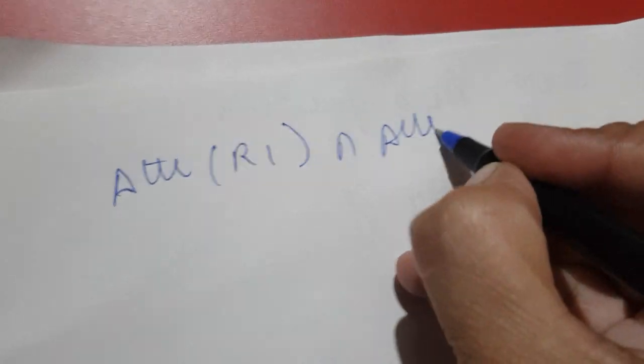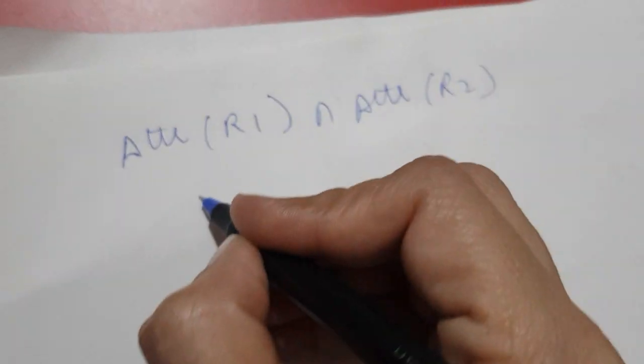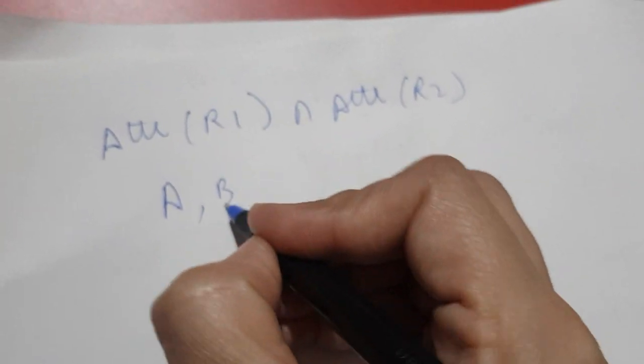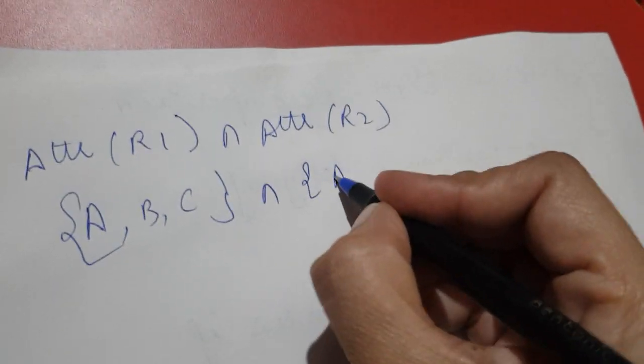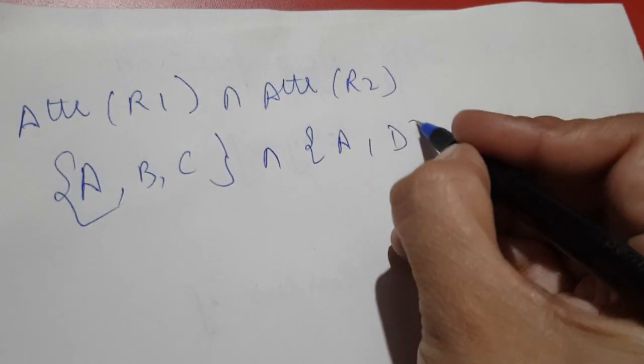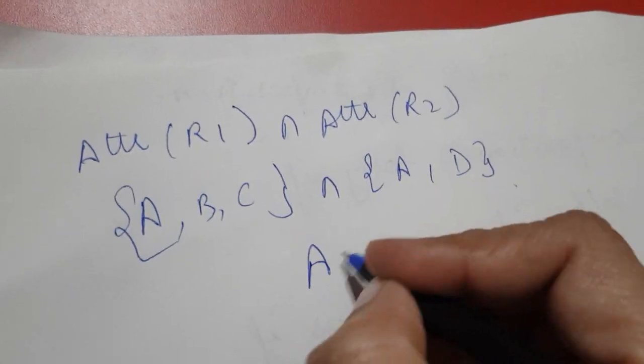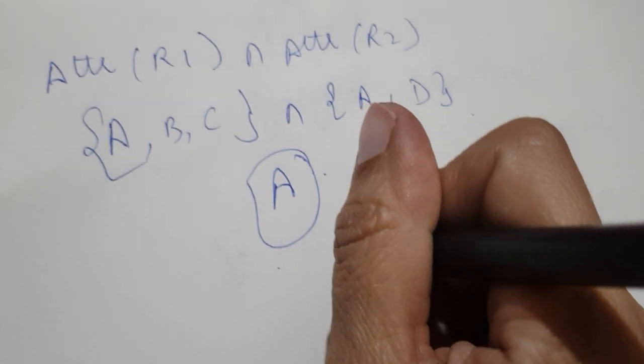Now let us check the third one. Which was the third condition? The third condition says there should be a key. If I specify attribute R1 intersection attribute R2, A, B, C in R1 intersection A, D in R2, the intersection was A. Now which was the functional dependency given to us?